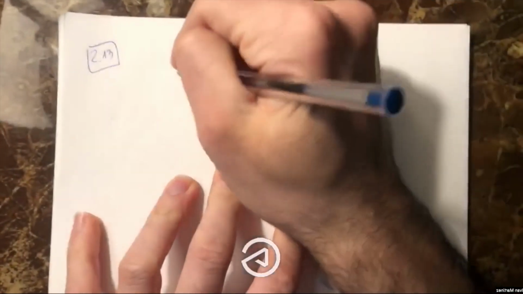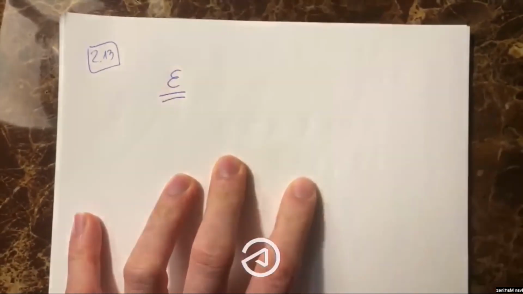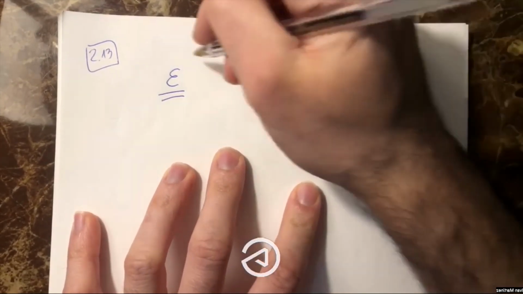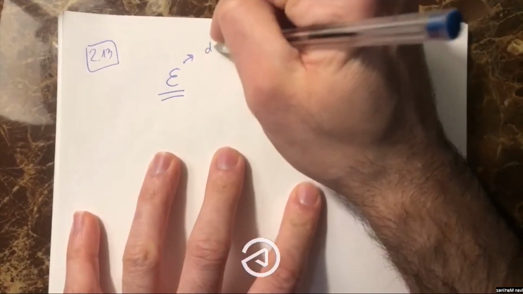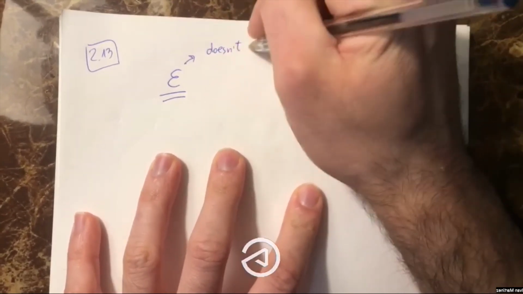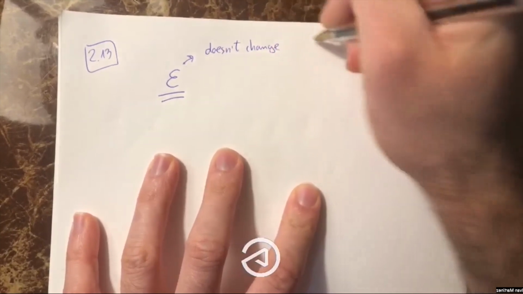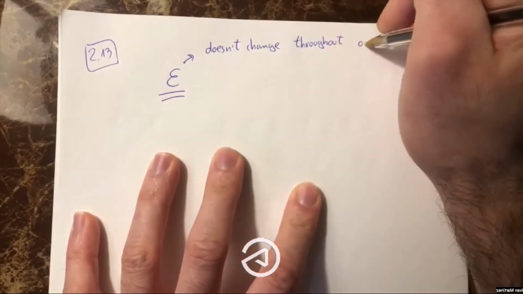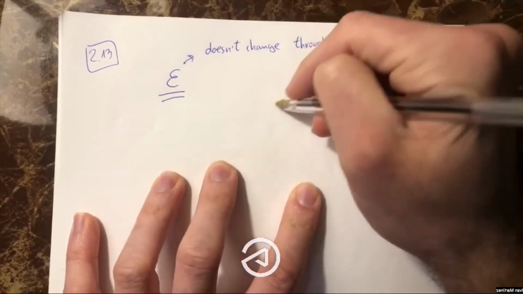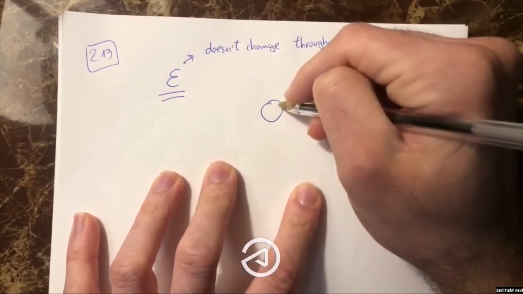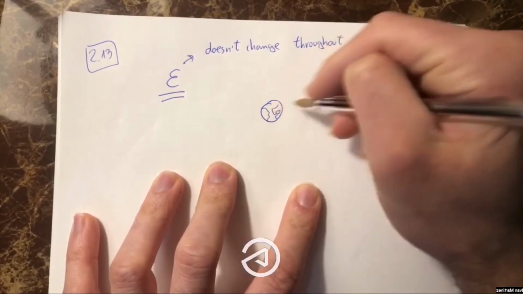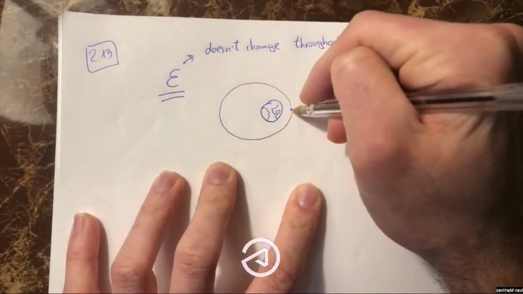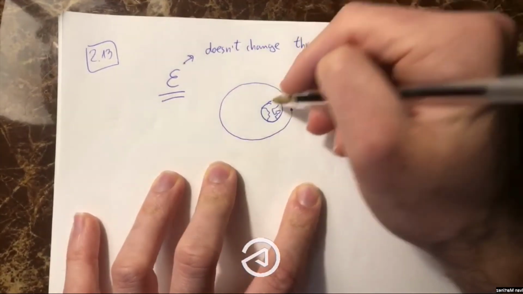So energy. Why is energy so important? Because it's a conserved quantity, which means as long as there's no thrust, it doesn't change throughout an orbit. So you can have the Earth here and a satellite that does something like this, a very elliptical orbit.